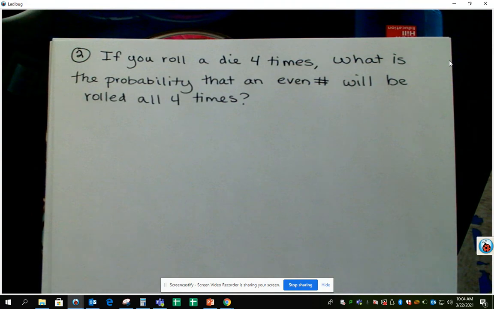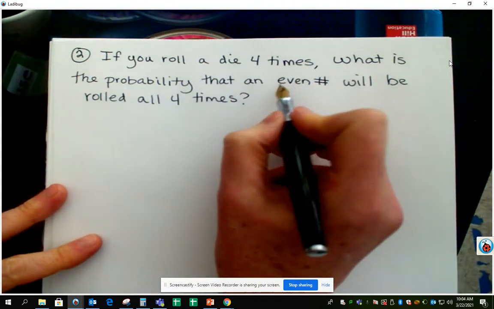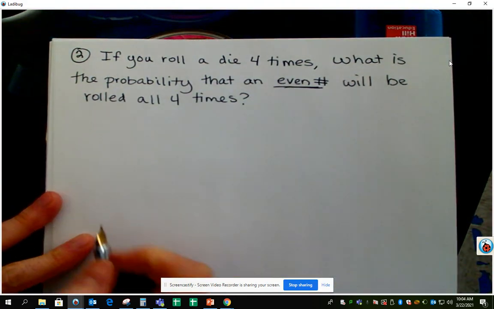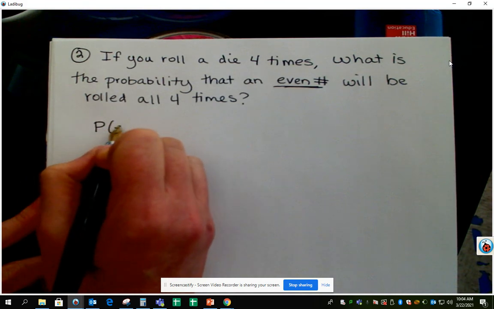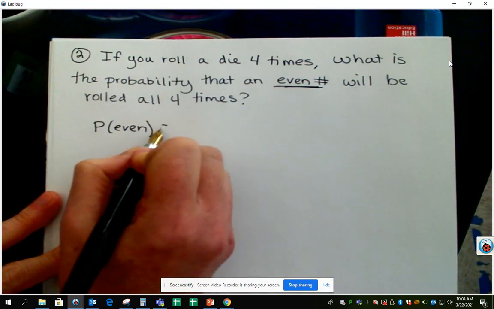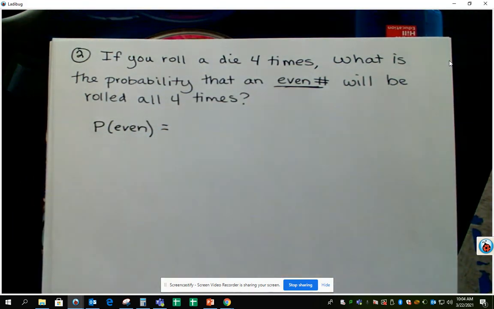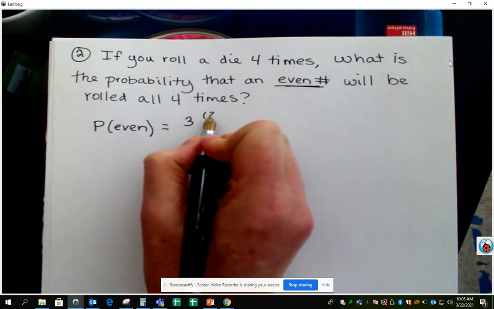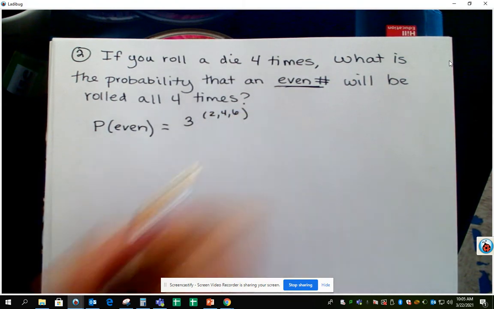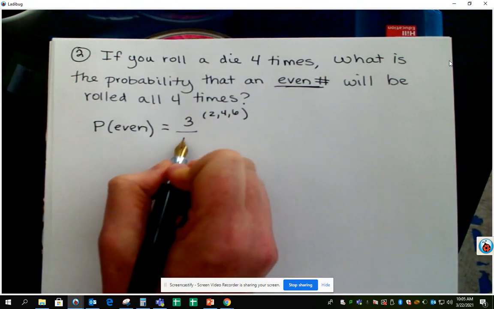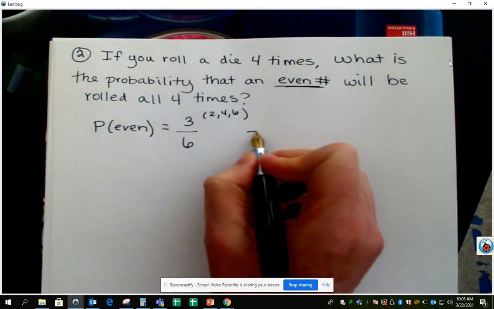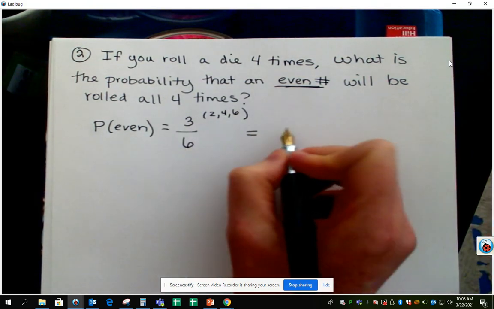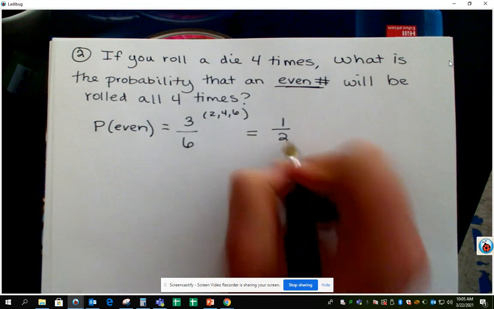Okay, so first thing, we just want to get the probability of that 1 time. So the probability of rolling even, think about how many even numbers on a die. There's 2, there's 4, there's 6. So that's 3 numbers, 2, 4, and 6, and there are 6 total numbers. If I reduce that, 3 6ths is the same as 1 half.